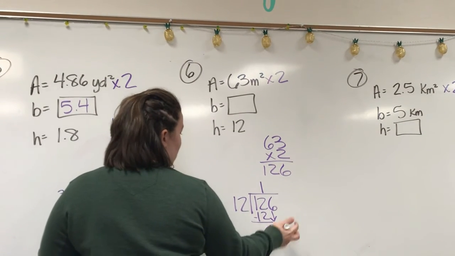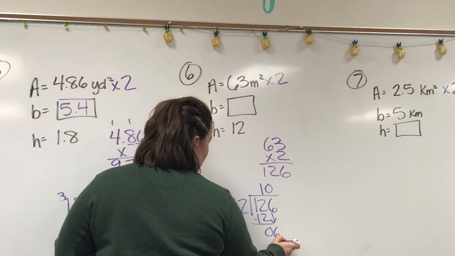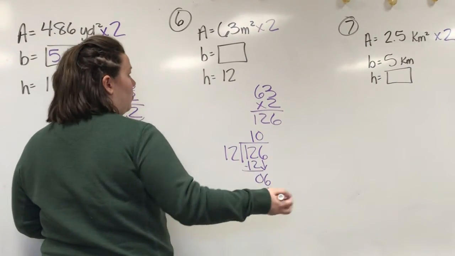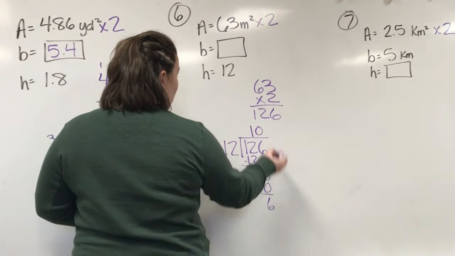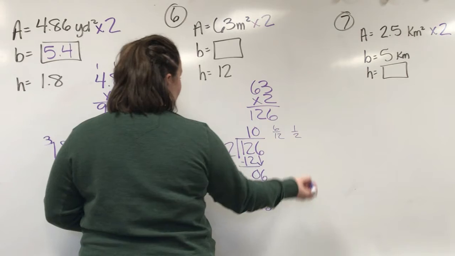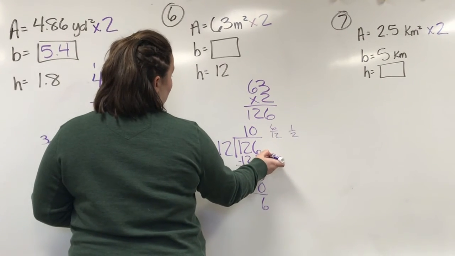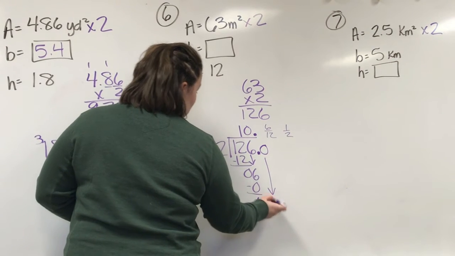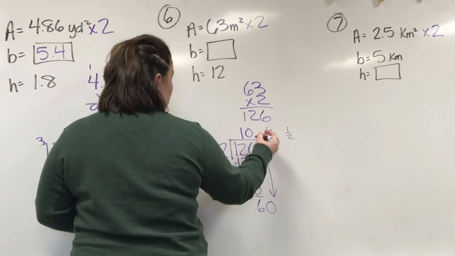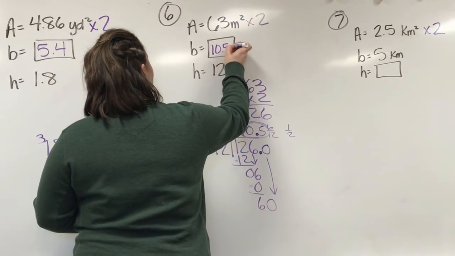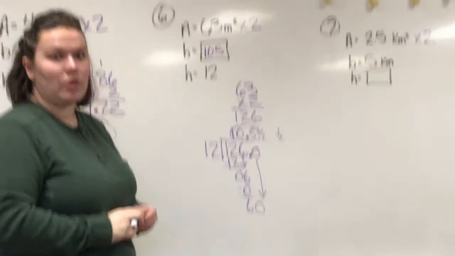It cannot fit into 6, so I'm going to put a 0 on top, a 0 on bottom. Okay, we have a remainder, and either you can put it into a fraction, and you can say 6/12 and reduce that down to 1/2, or you can add a decimal here, bring down the 0, 12 fits into 60 5 times. Fractions or decimals, I don't care.